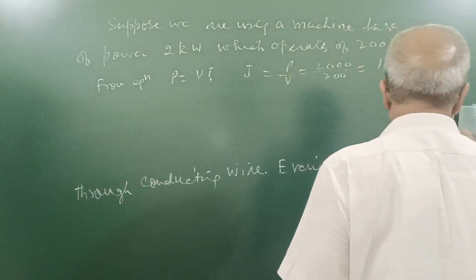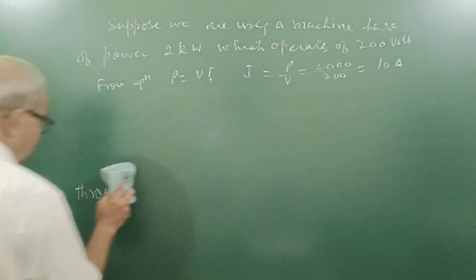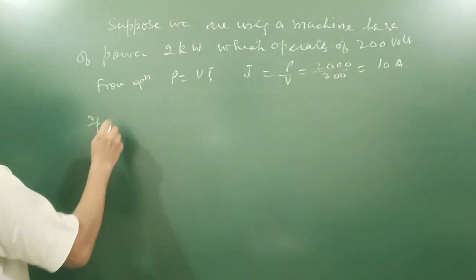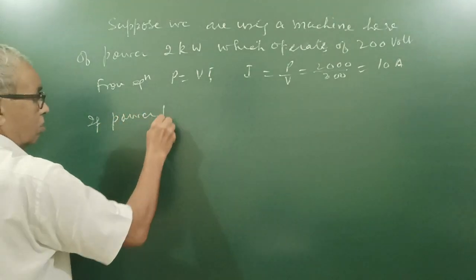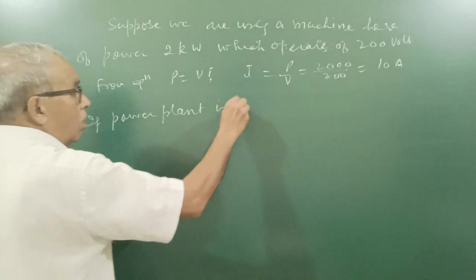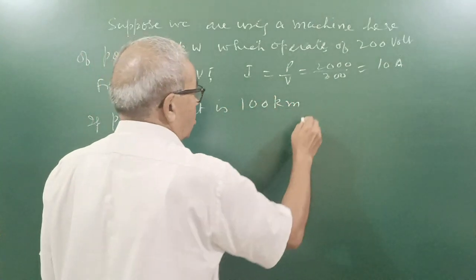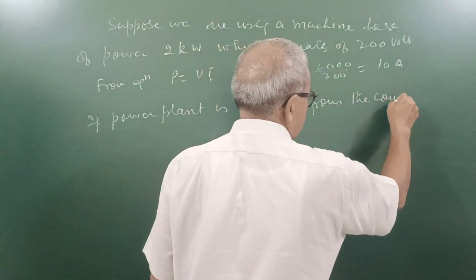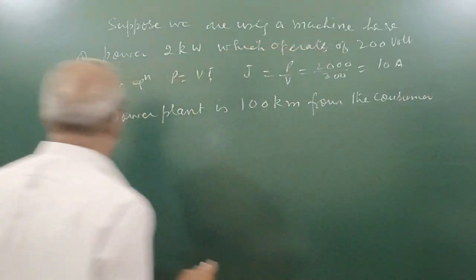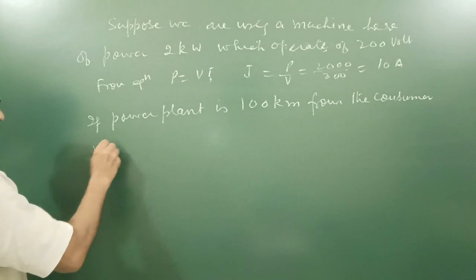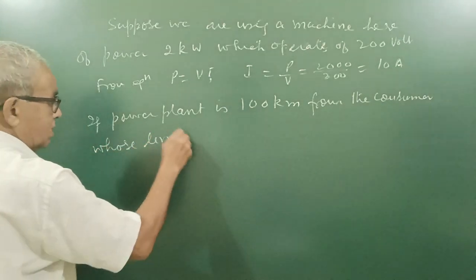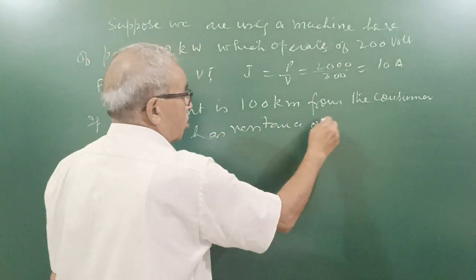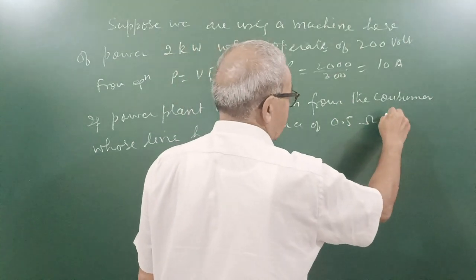Now this current, suppose we are generating DC. If the power plant is 100 kilometer from us, from the consumer, whose line has resistance of 0.5 ohm per kilometer.